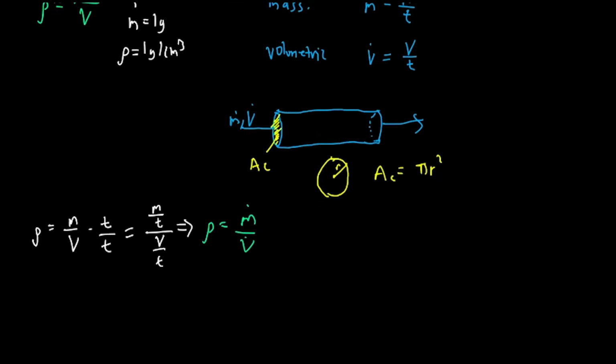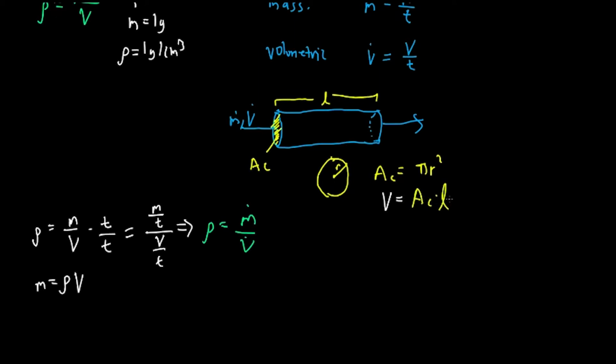Okay, let's continue a little bit more. If I say that density is mass over volume, I hope you can see that mass is density times volume. I'm just multiplying both sides by volume. So if we have this as the cross-sectional area, then for the volume, first we have to define the length, in this case of a cylinder, let's just call it L. Then the volume should be the cross-sectional area times the distance, right?